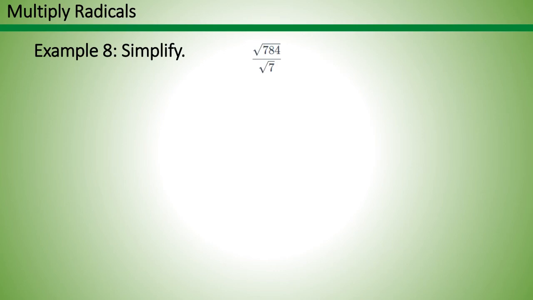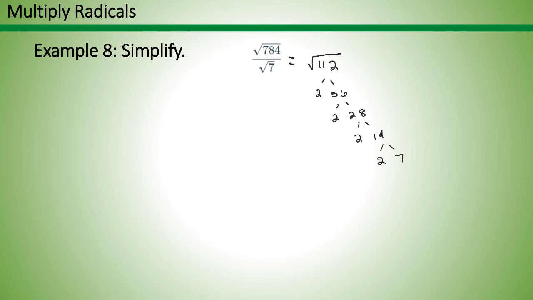Here's another one. Again, since both of those numbers are inside of the radical, I can divide those. If we do 784 divided by 7, that is going to be 112. So this becomes square root of 112, and then we just need to simplify. I can break this apart as 2 and 56, 2 and 28, 2 and 14, 2 and 7.